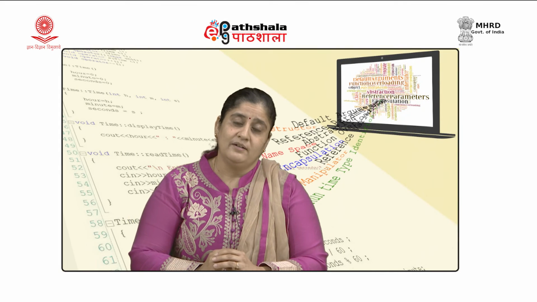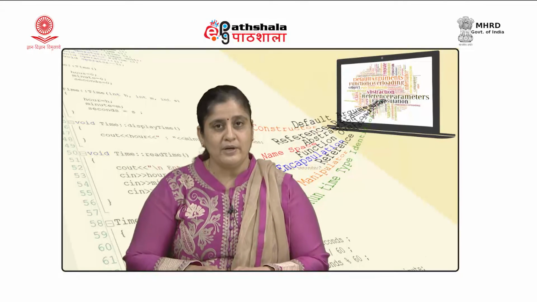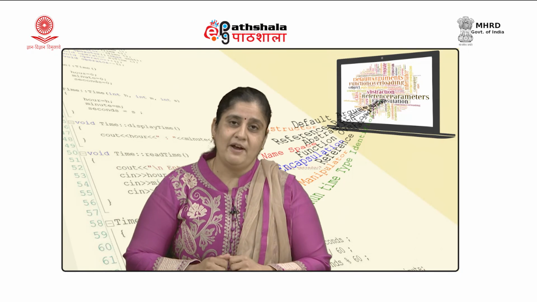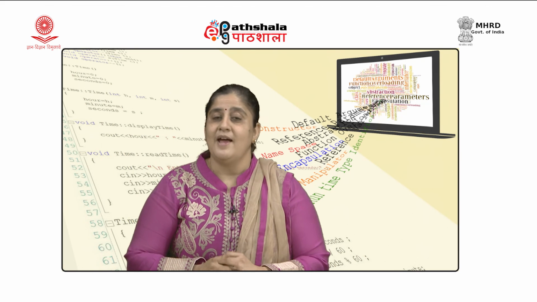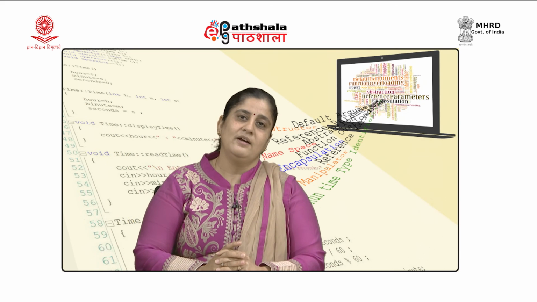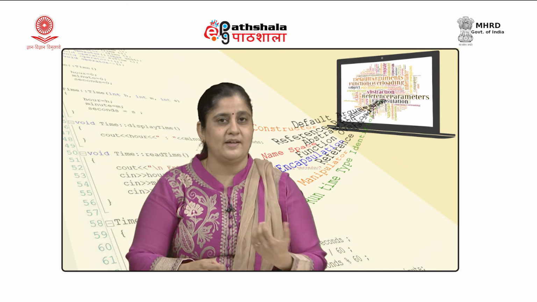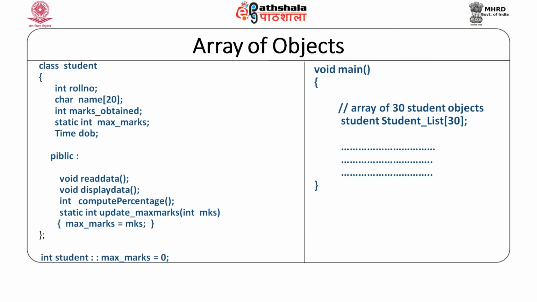So, that we can do if we are allowed to define an array of objects and we can define array of objects. C++ allows us to declare the array of objects. How do we declare the array of objects? Let us again define array of our student class that we have been using. So, here this is our student class that we have defined before.